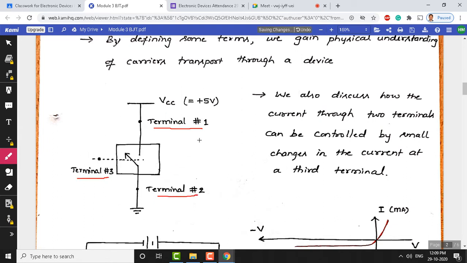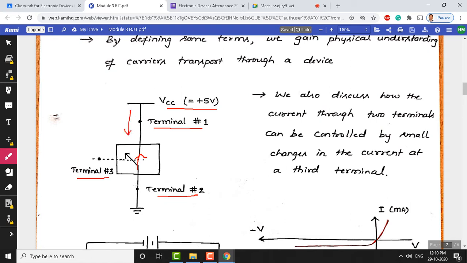This is analogous to the BJT, which is also made up of 3 terminals: emitter, base and collector. Now you can see there is a supply VCC, which we have taken in this case as plus 5 volts. Current flows from the supply to the ground as long as the switch is turned on. When you close this switch, current from the supply voltage will start flowing in this direction.